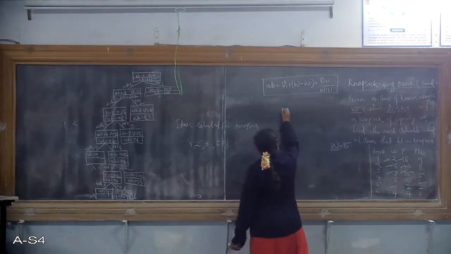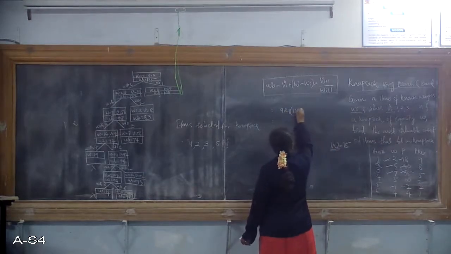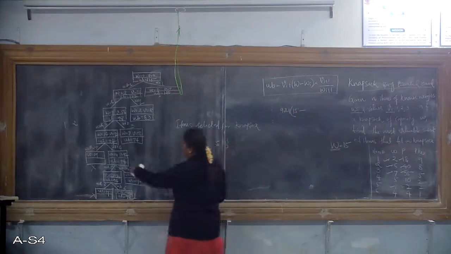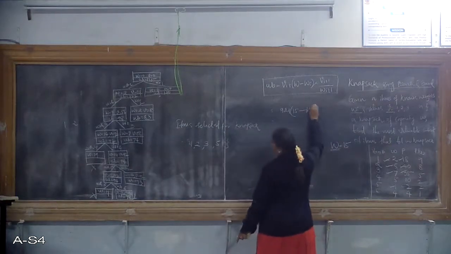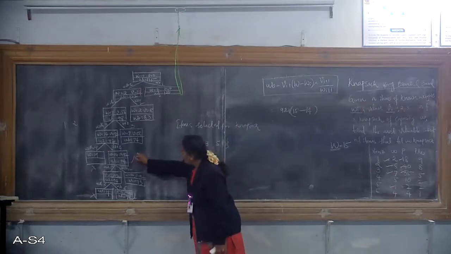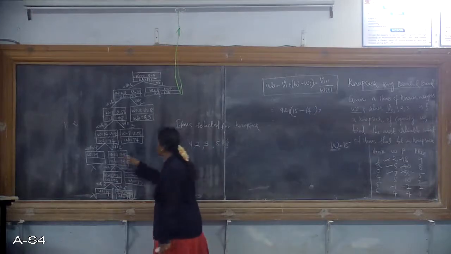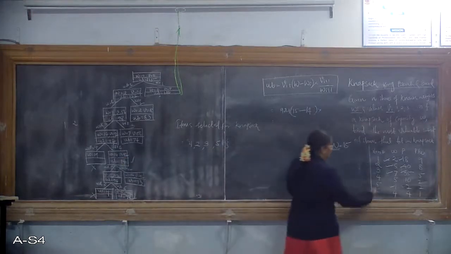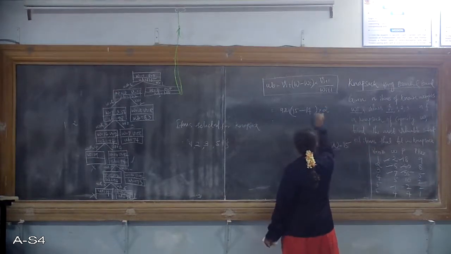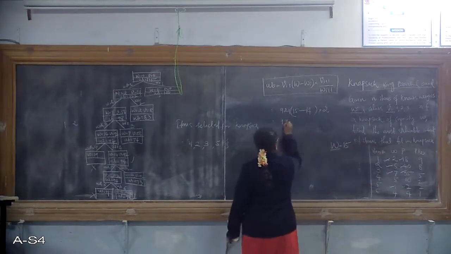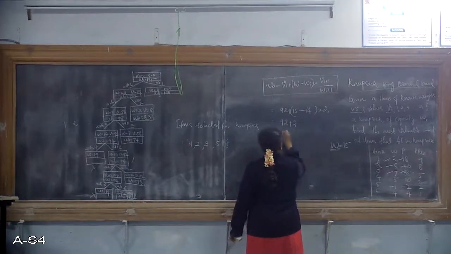The value is 92 plus, weight is 15, 15 minus 14, multiplied by the ratio, this is for node number 4, meaning item 5's ratio I need to consider. So 92 plus 1 into 2 is 2. So this is 94. This is correct.